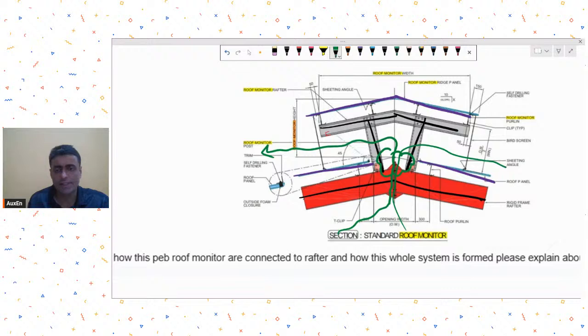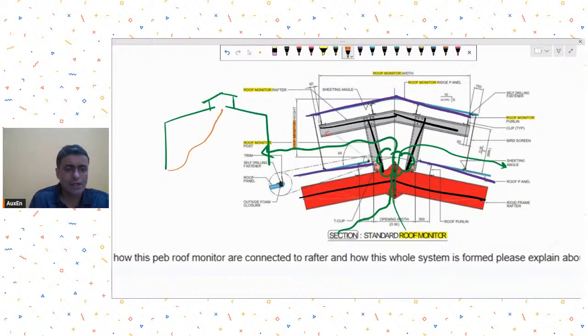So hot air has a tendency to rise up. And if you see in your overall PEB shed, this is my roof monitor. So if you have provided this, a natural draft gets created, and the hot air that rises above has a place to exit from.